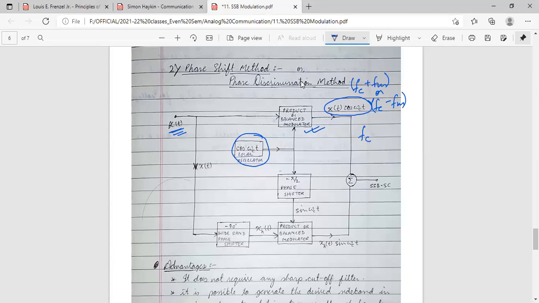When you multiply, you can take an example: if you multiply cos omega_c t with cos omega_m t, then what will you get?